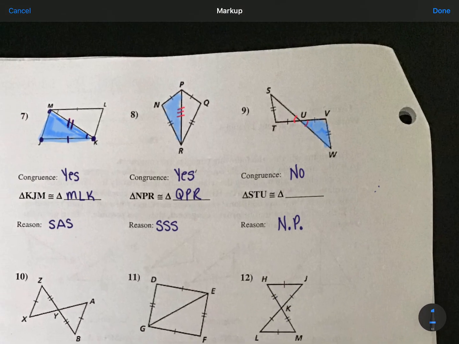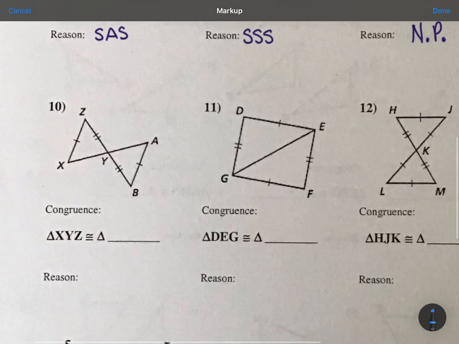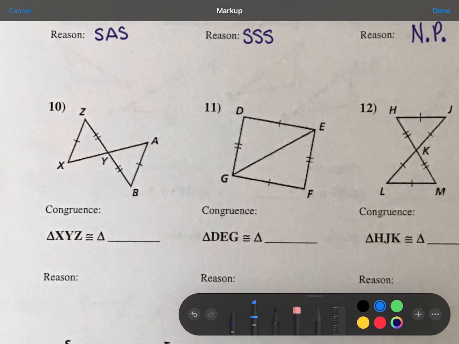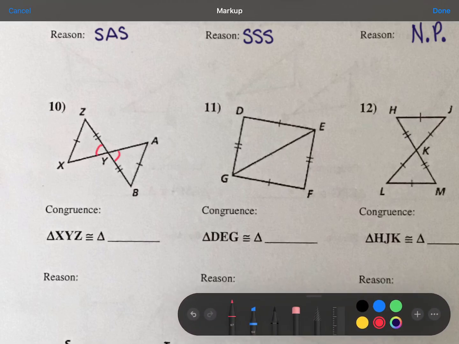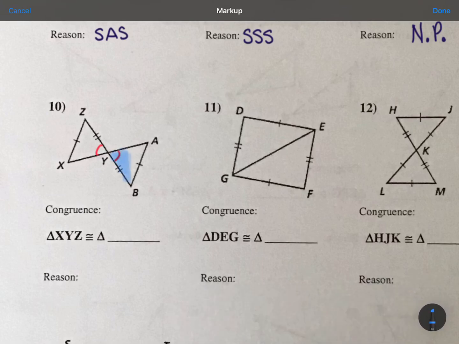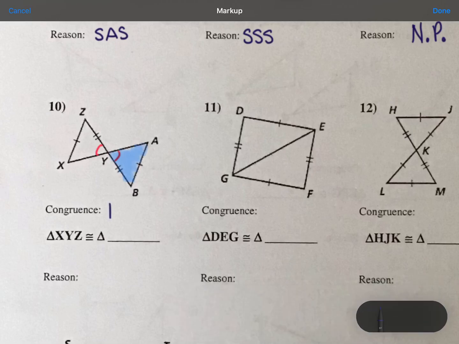All right, let's take a look at number 10. If you want to, pause the video, give it a go, see what you get. Can I add anything? Yes, I can add vertical angles. Do I have 3 things marked? Yes. Are they 3 good things? No. They're not 3 good things.